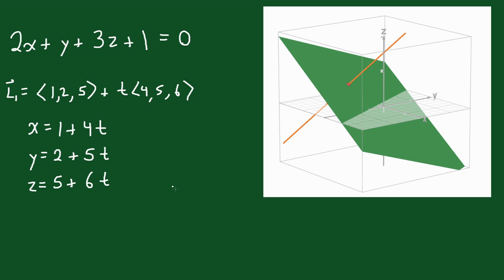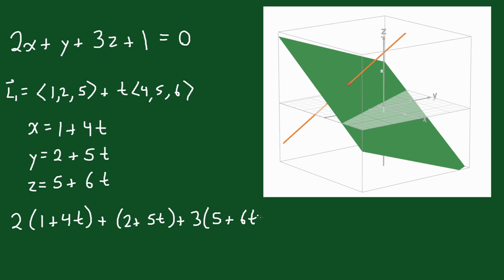Next, you can take those definitions for x, y, and z and plug them into the first equation, the equation of the plane. I'll say 2(1 + 4t) + (2 + 5t) + 3(5 + 6t) + 1 = 0.